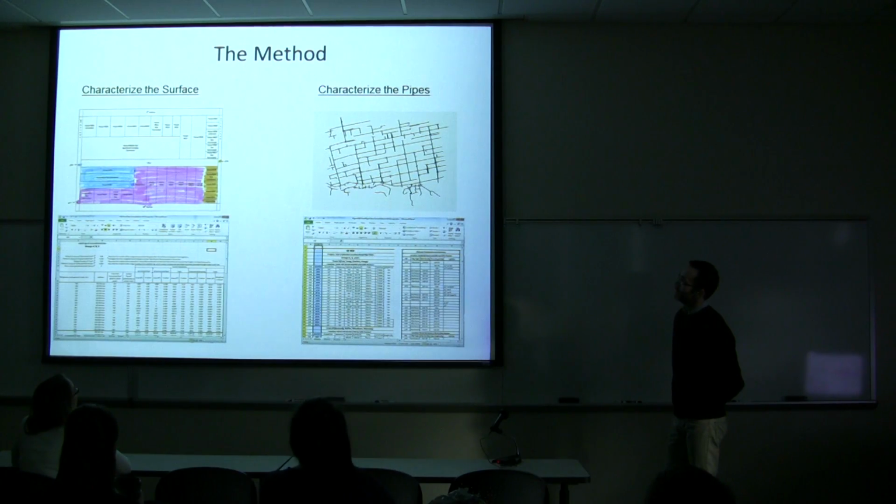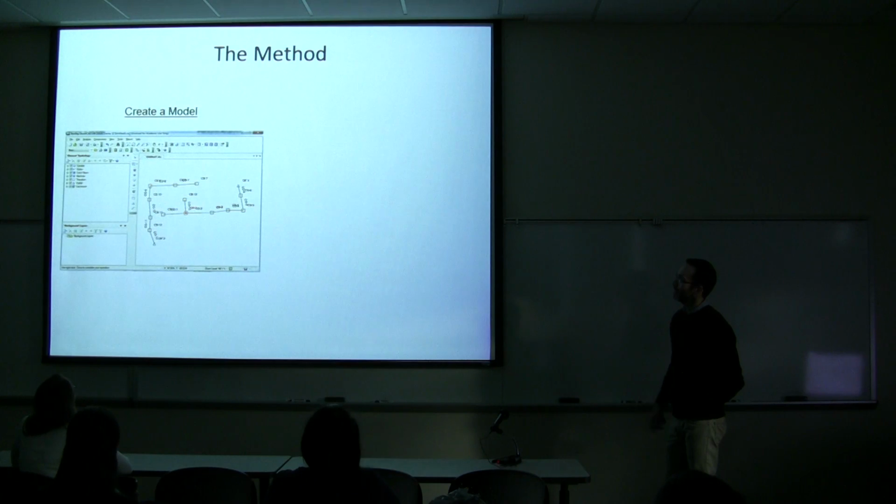Then moving on to the subsurface, an analysis of the pipes in the area was done based on the GIS data set that Huntington Sanitary Board was able to provide. And so they analyzed every pipe in the network, looking for its characteristics like the slope, the material type, the diameter, and this is the basis for the information that was later put into the main program that was used for simulation, StormCAD.